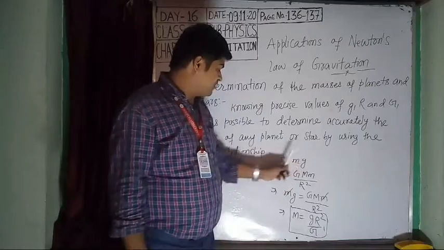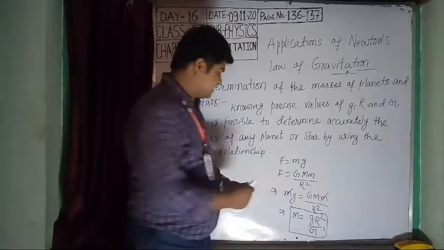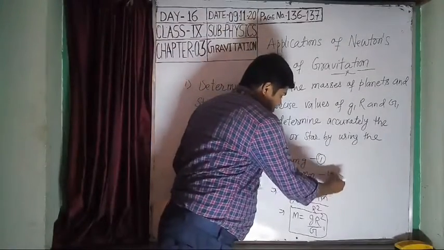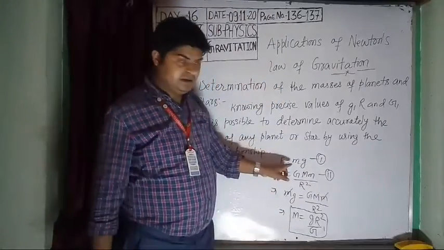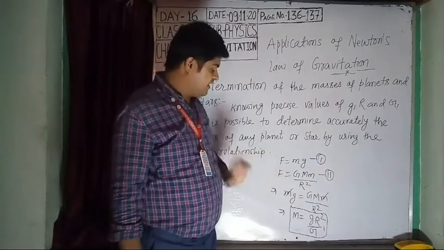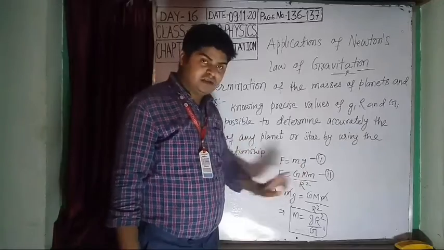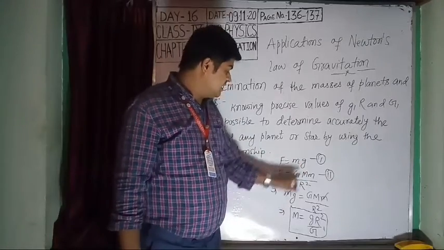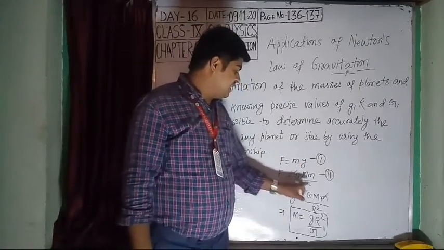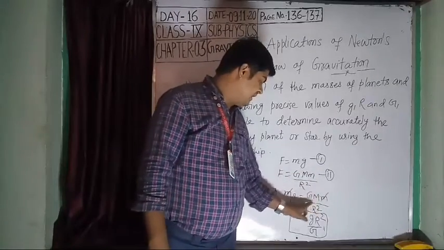Now from equation 1 and equation 2, the left side is equal to F, so the right side is also equal. You will put mg is equal to GMm by r square.